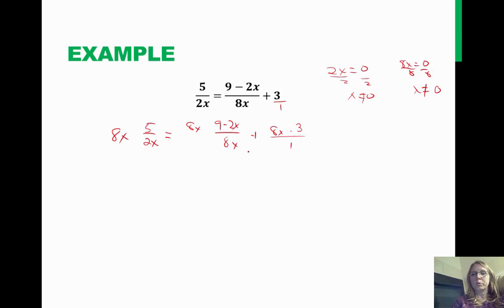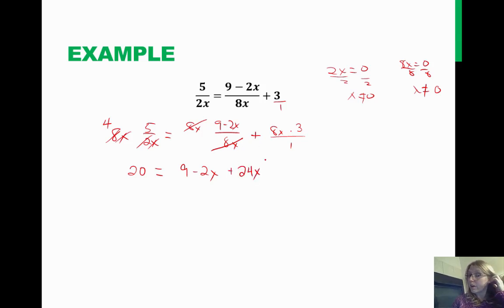Okay, so when we do that, x will cancel out here on the bottom, and 2 goes into 8 4 times. So we have 4 times 5, that makes it 20. On this one, the 8x's cancel altogether, so we have 9 minus 2x. And on this one, that's a plus, it's going to be 8x times 3, which makes it a plus 24x.